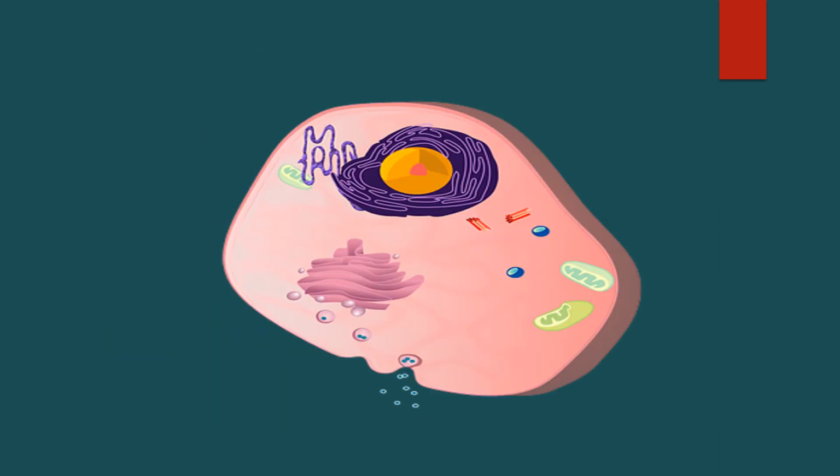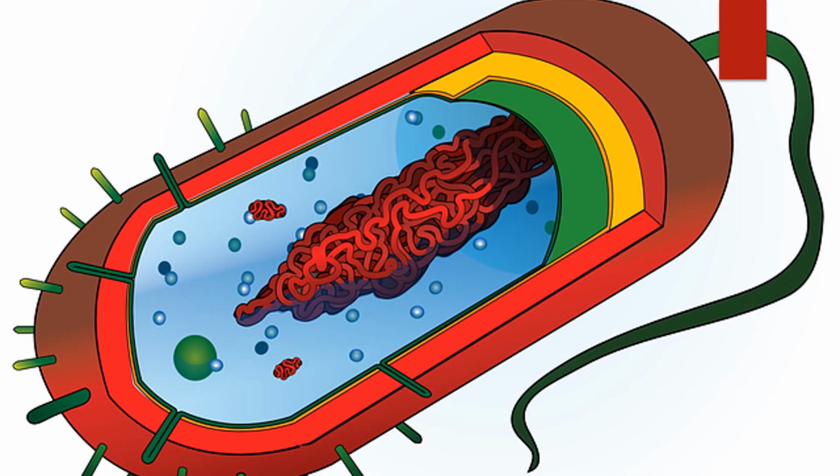Cells come in a range of shapes and sizes. This is a bacterial cell. Bacterial cells are rather different because they don't have a nucleus. Instead, they have a circular piece of DNA called a nucleoid. And the nucleoid is a store of genetic information.